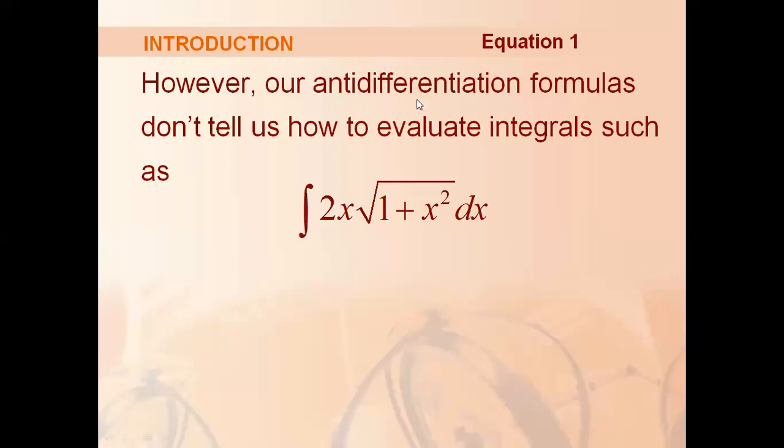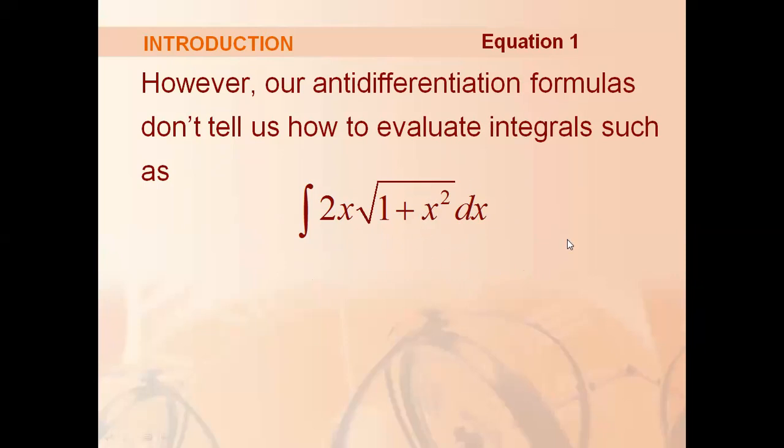However, our anti-differentiation formulas don't tell us how to evaluate integrals like this one: the integral of 2x times the square root of 1 plus x square dx. How do we evaluate these types of integrals? We have to use the substitution process.